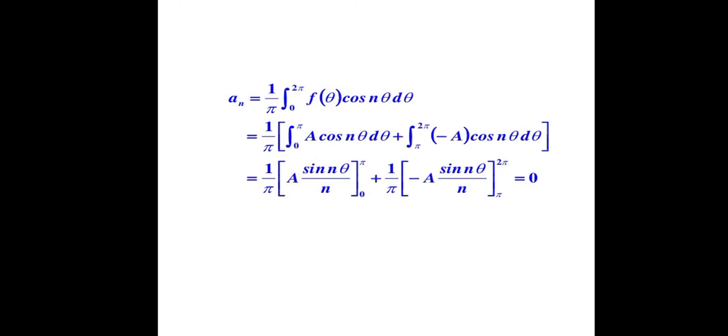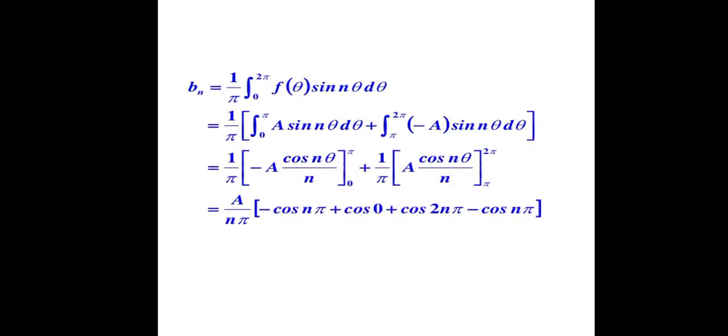In the first part, a is a constant, and the integration of cos n theta is sin n theta divided by n from 0 to pi, plus 1 upon pi times minus a, a constant, times sin n theta divided by n from pi to 2 pi, which is equal to 0.